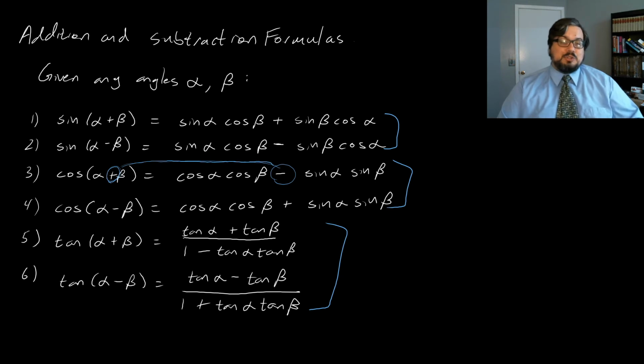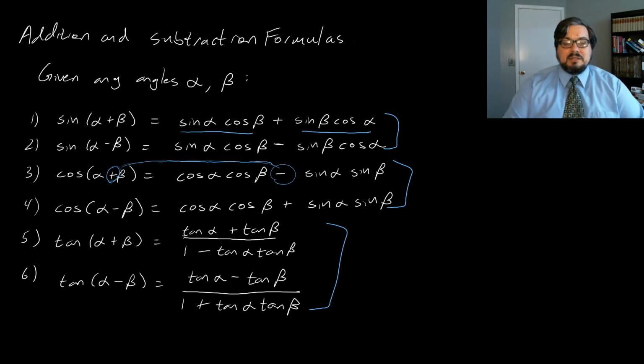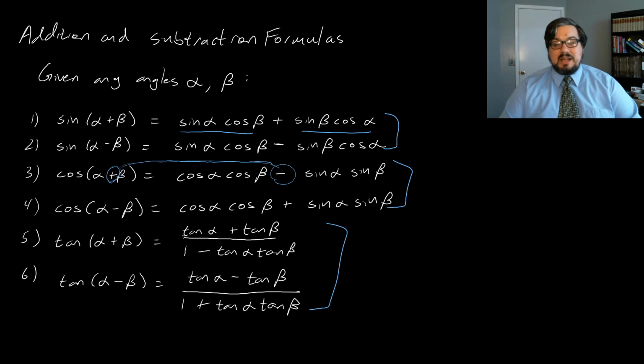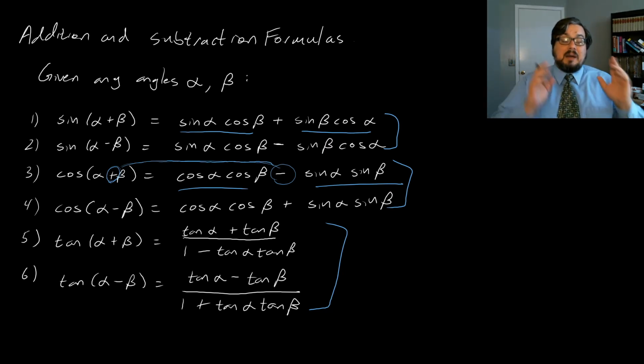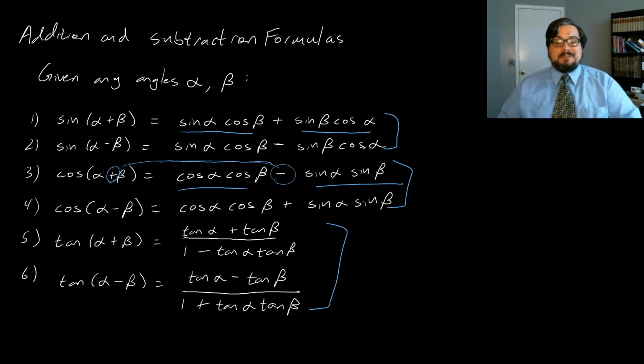So if we're adding two angles inside cosine, that means that we're subtracting the two terms that we get in the formula, whereas with sine, they match up exactly. Also, with the sine formulas, each one of the terms that you get on the right has both a sine and a cosine in it, whereas with the cosine formulas, the two terms are a couple of cosines together or a couple of sines together.